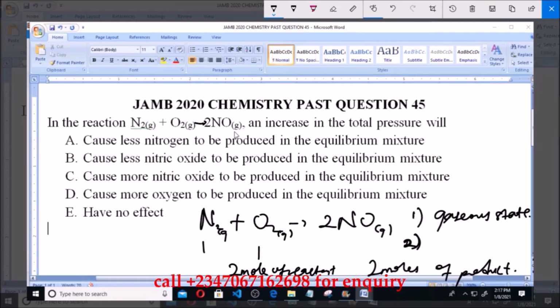Pressure can only have an effect if they are both gases, like we have, and if the amount of the reactants is not equal to the amount of the products. But if it is equal, then the pressure will have no effect on the reaction. And so therefore option E is the correct answer to this question.